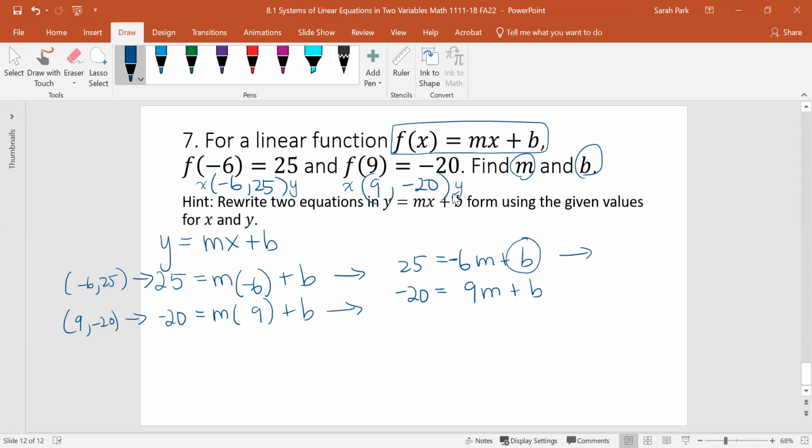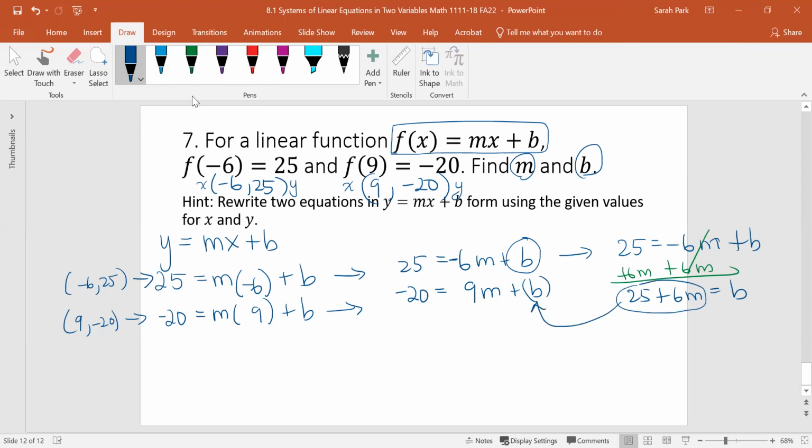So if we solve for b, in this case, we have 25 equals -6m plus b. We can solve for b by adding 6m to both sides. And that'll give us 25 plus 6m equals b. Now that b's solved for, we can substitute that into the second equation and get -20 equals 9m plus 25 plus 6m.